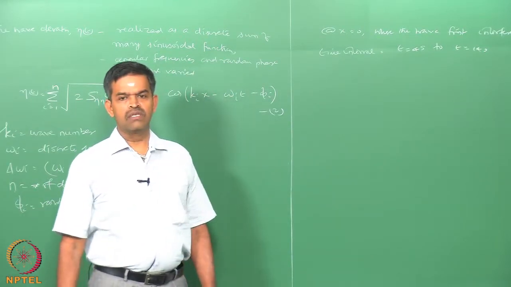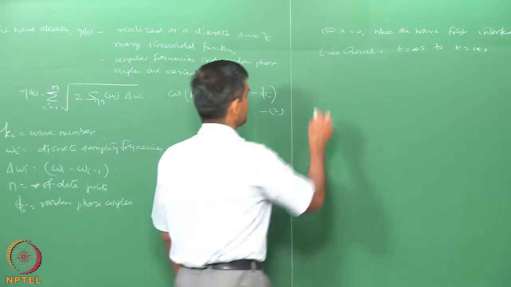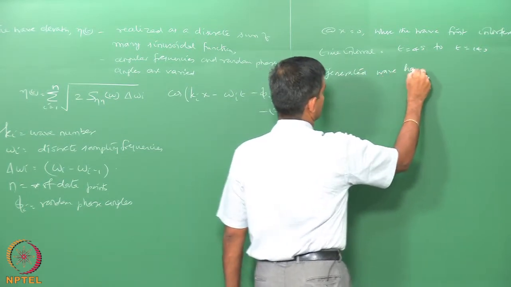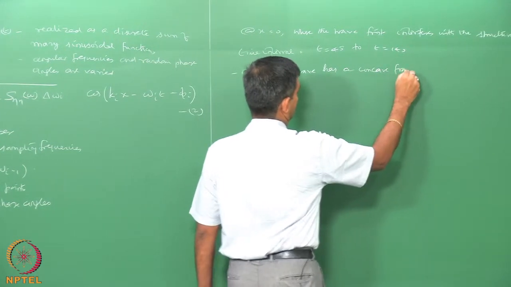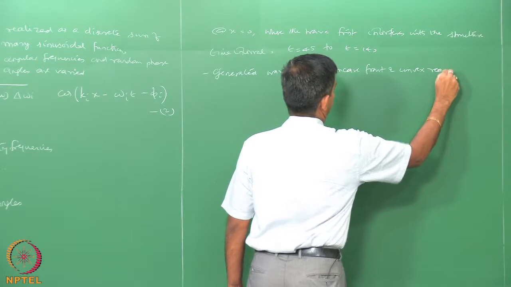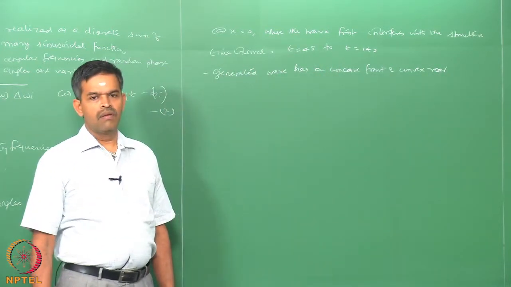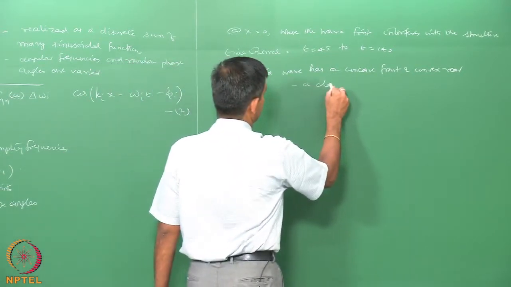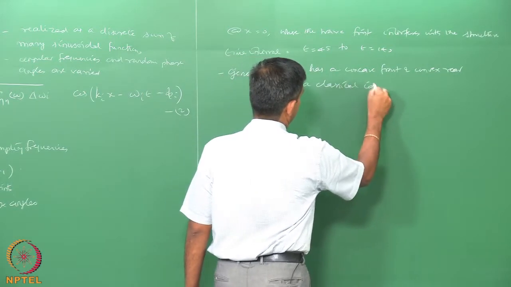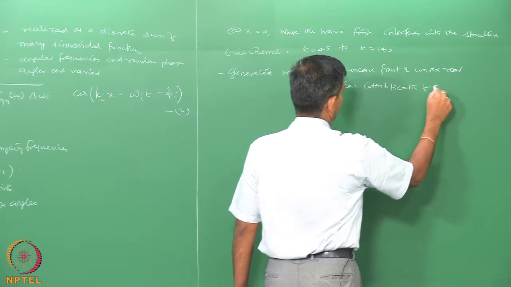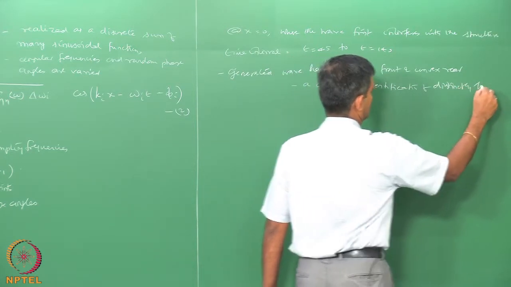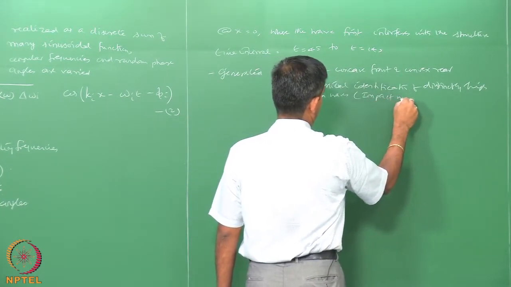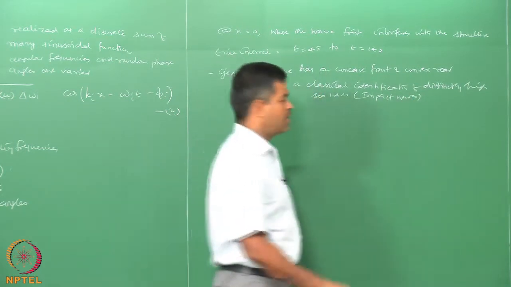It is also seen that the generated wave has a concave front and a convex rear, which is a very classical identification of distinctly high sea waves, which can cause impact on the structure, as given by Kim et al. 1997.